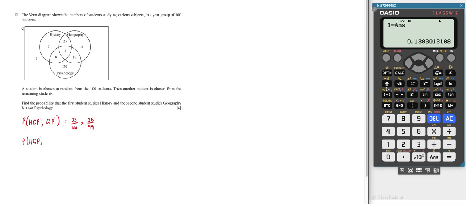Then I want geography and not psychology, so there's 3 over 100 in that one. If I picked one from in the middle, there are still 37 that I can pick from that are geographers not doing psychology.